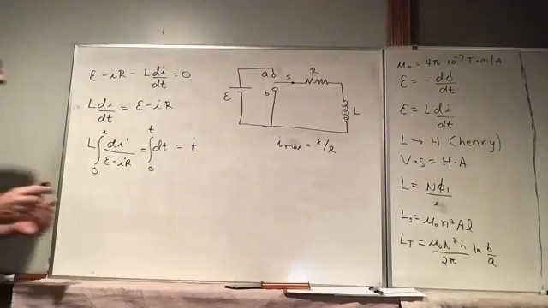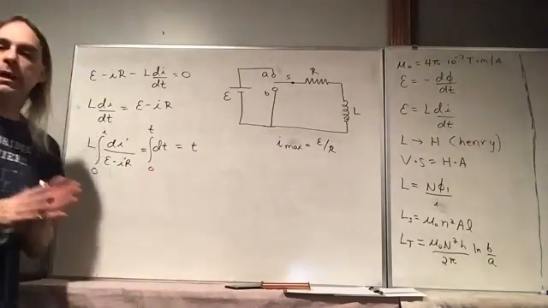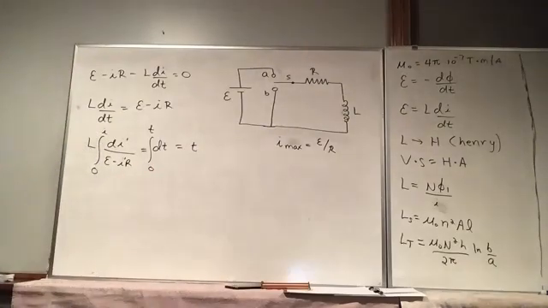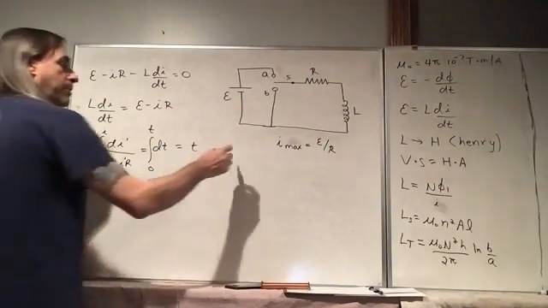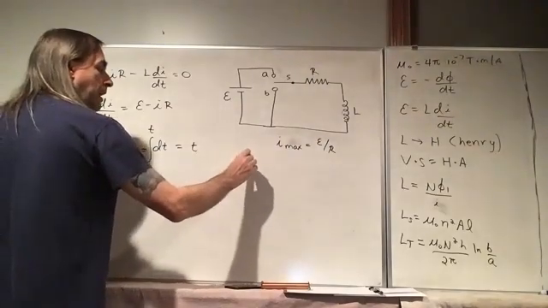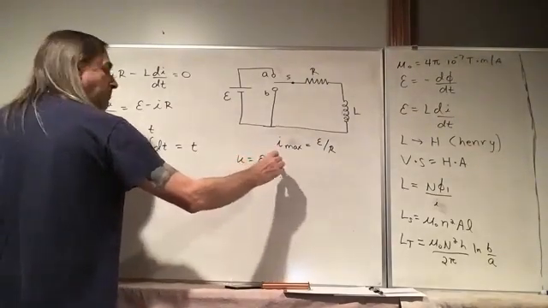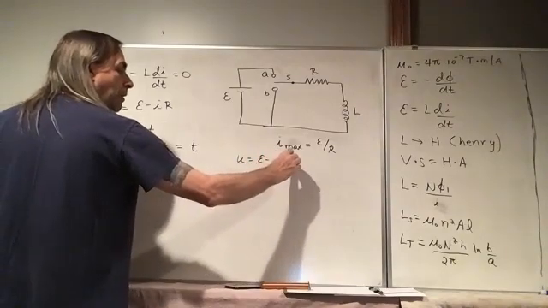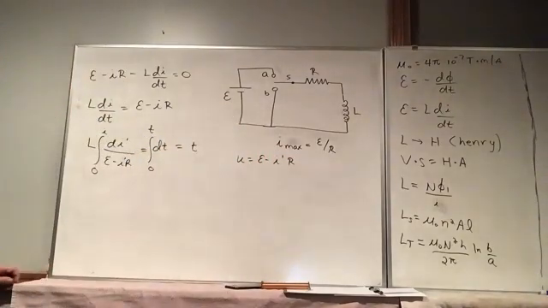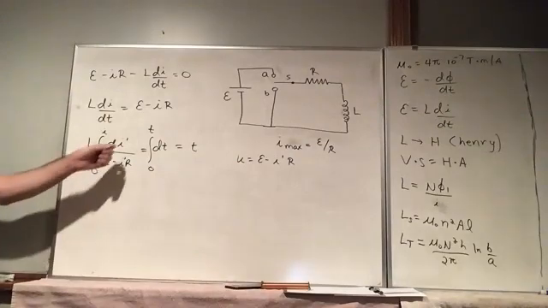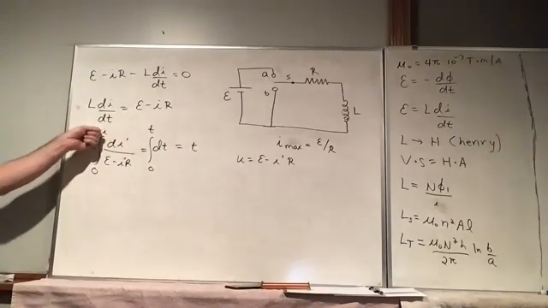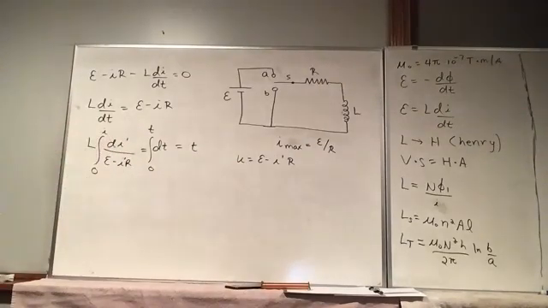So are there any questions on getting this set up? Okay, so let's make a u substitution. Let's say u is equal to epsilon minus I prime R. And again, I'm just calling it prime because you don't want your variable of integration to equal one of the limits of integration.